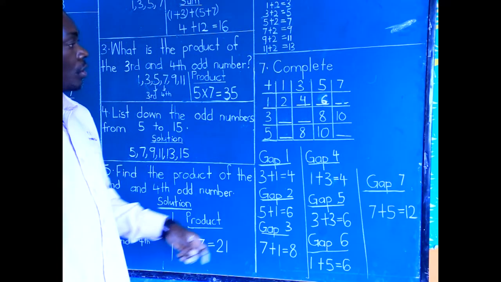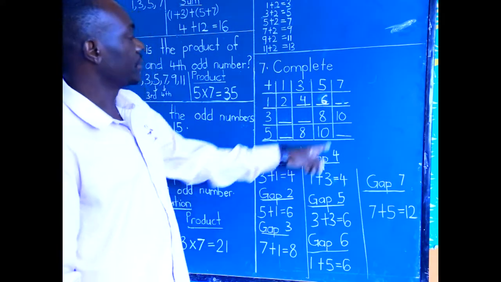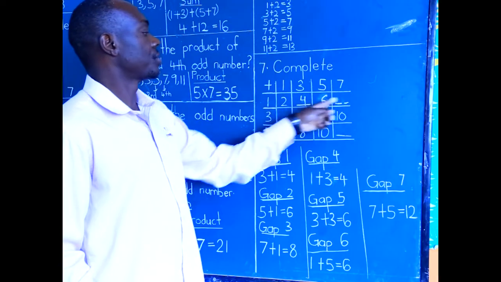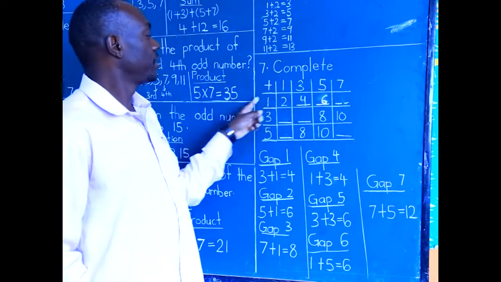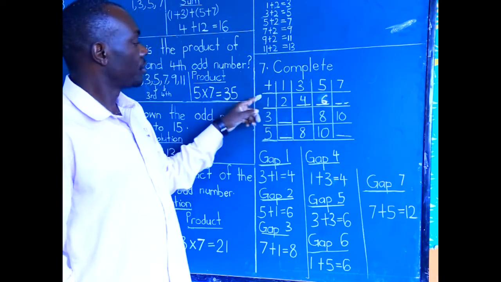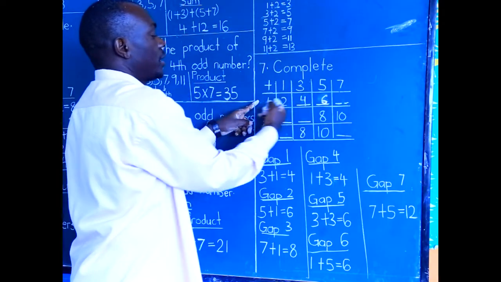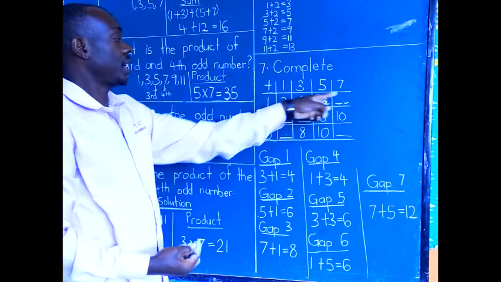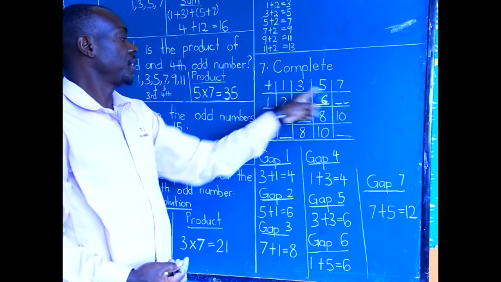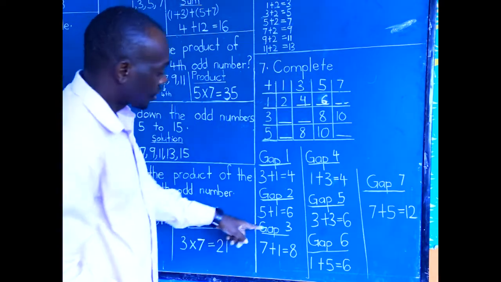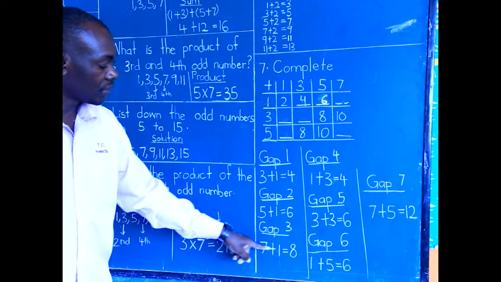Then we go to gap number 3 to be a 7 plus 1. Just follow where this one ends up and this one ends across here. So that's the working here, gap number 3, 7 plus 1.